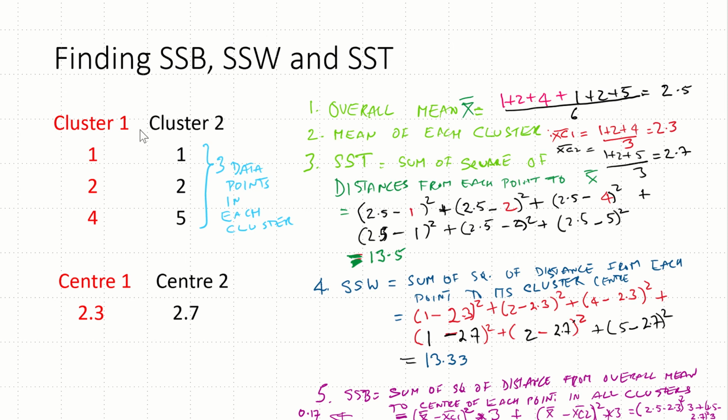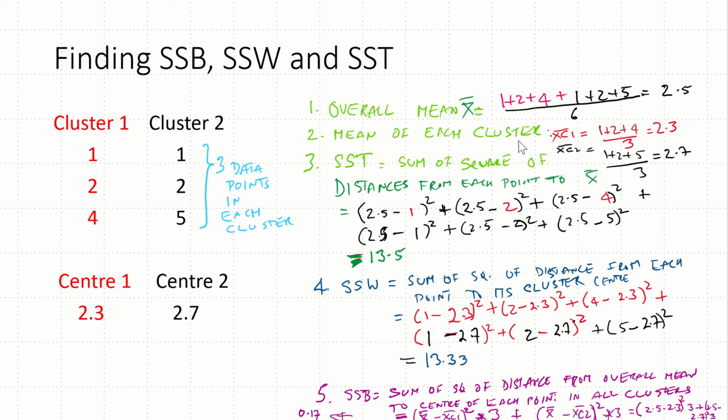Here we assume we have two clusters shown in red and black, and each cluster has 3 data points. The overall mean of all the data points in this system, shown as x double bar, is equal to 1 plus 2 plus 4, the sum of the data points in cluster 1, plus the sum of the data points in cluster 2, divided by the total number of data points, which evaluates to 2.5.